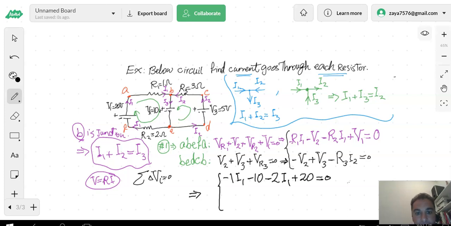Now, on the second one, minus V2, so I am going to have minus V2 is 10, correct? Plus, what is V3, guys? V3 is 5. Minus R3 is 3 I2 equals 0.